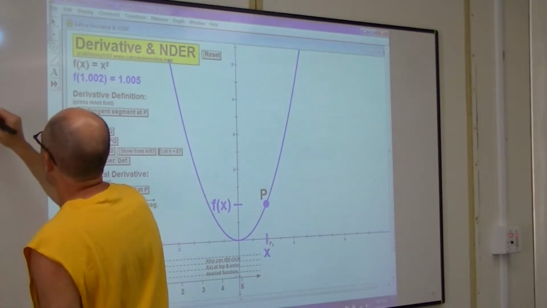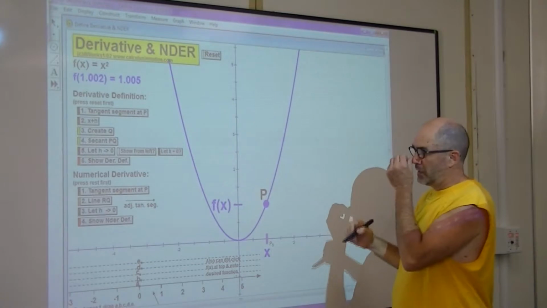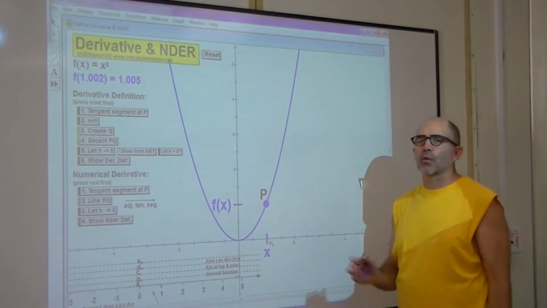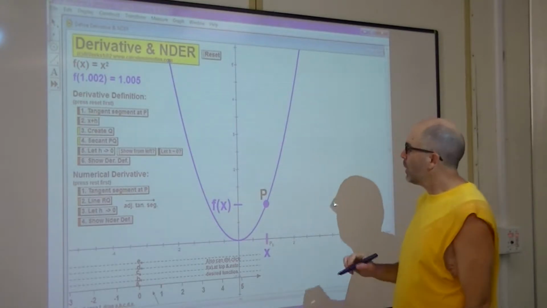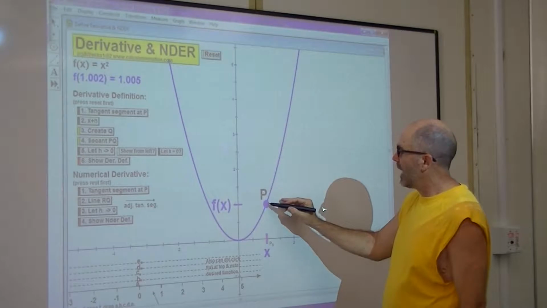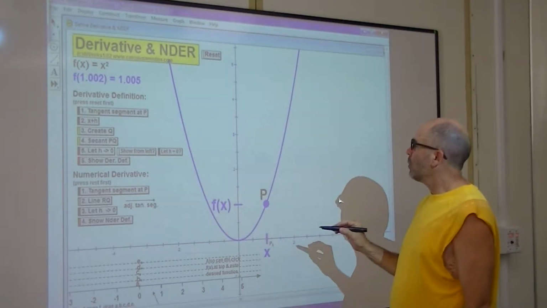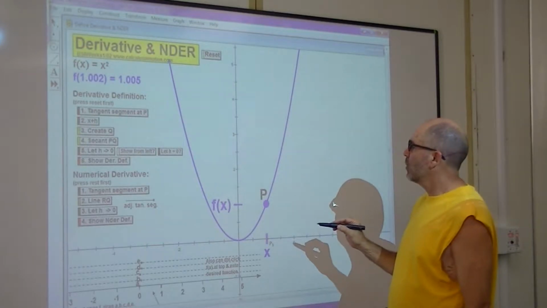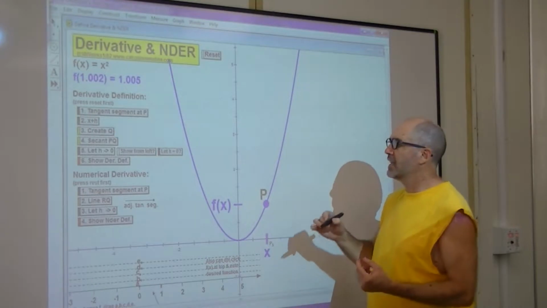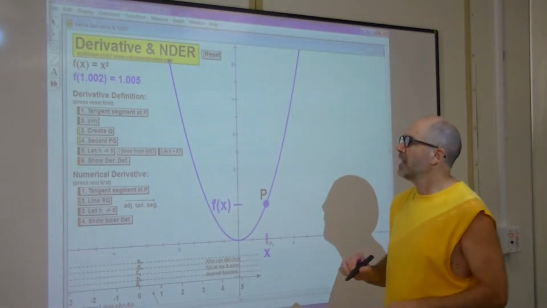All right, let's say we have a parabola. So we have the equation f of x equals x squared, or y equals x squared. Now we want to know the slope of the tangent right here at point P. So what we're going to do is manufacture a second point so that we can get change in y over change in x.